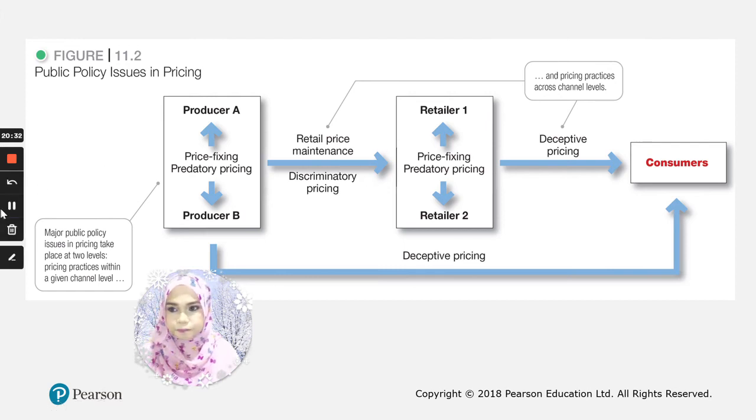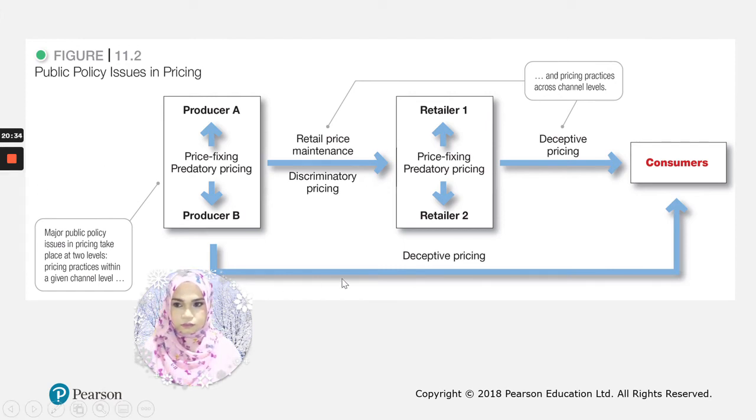Retailers can feel discriminated against because it's not fair. You sell to the other retailer cheaper and sell to me at an expensive price. So if I want to sell to the customer, it will be more expensive, but retailer 1 can sell at cheaper prices.